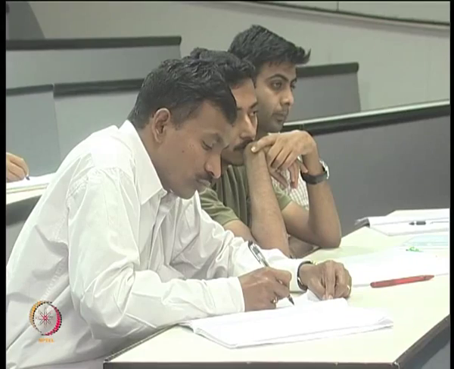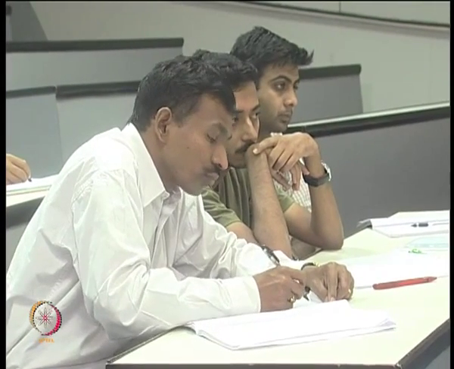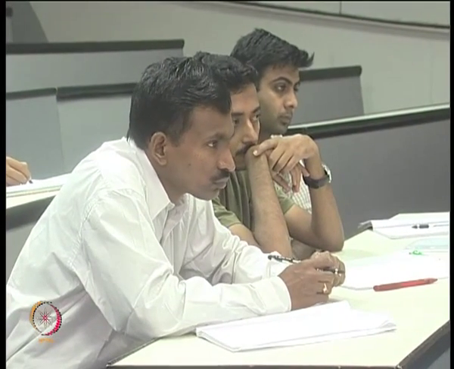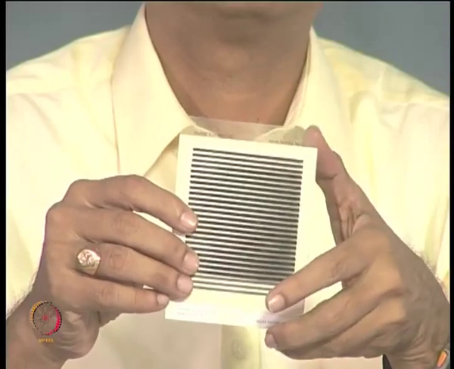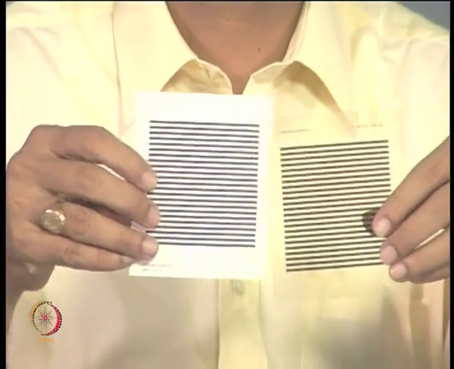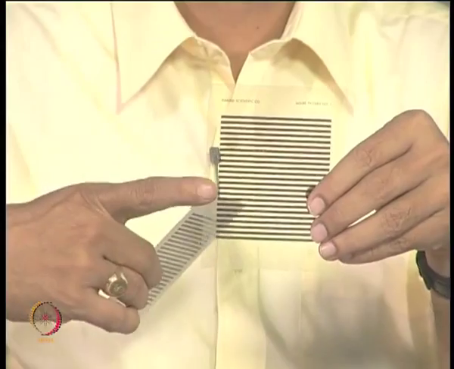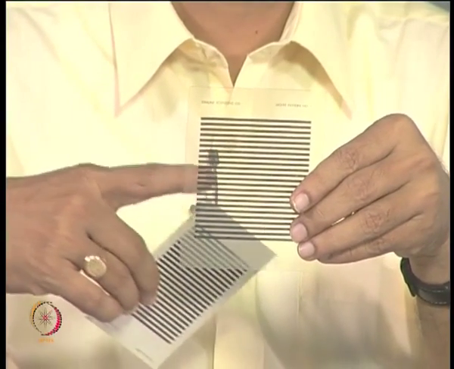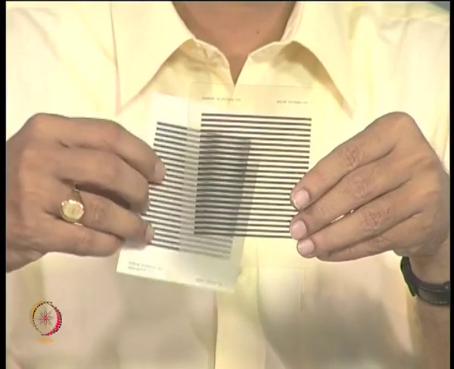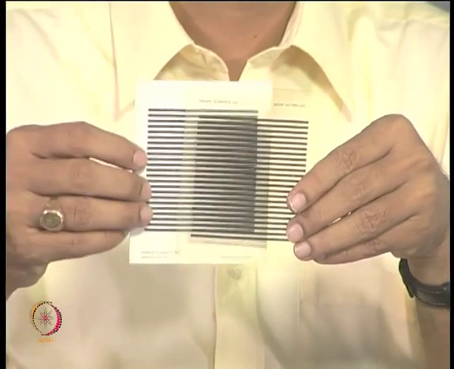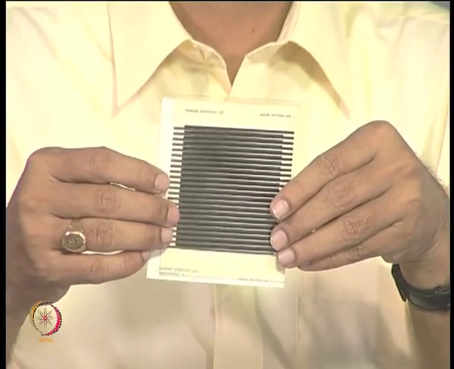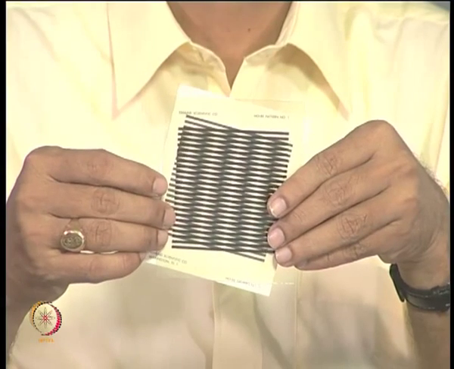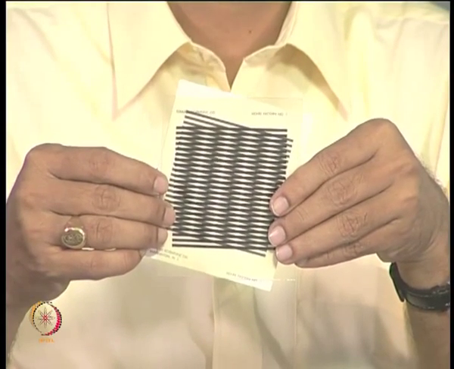Somebody asked me what is a grating in one of the classes, where we said what Moiré gives you directly. This is the grating here, and this is nothing but horizontal bars. When I put another grating which is very similar, you see beautiful fringes when I rotate them relatively.